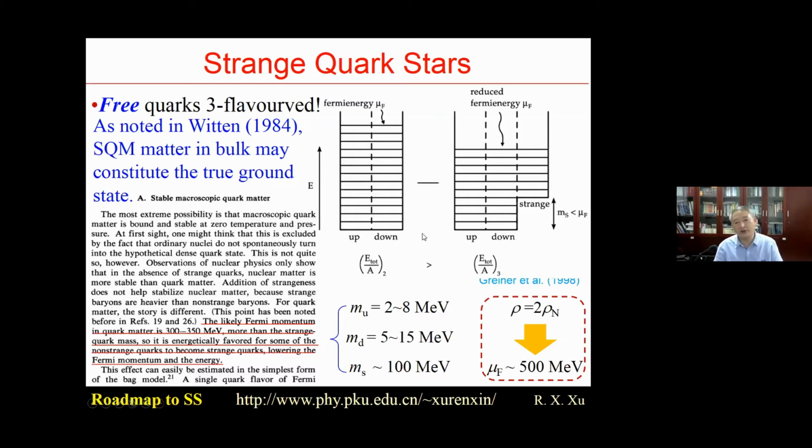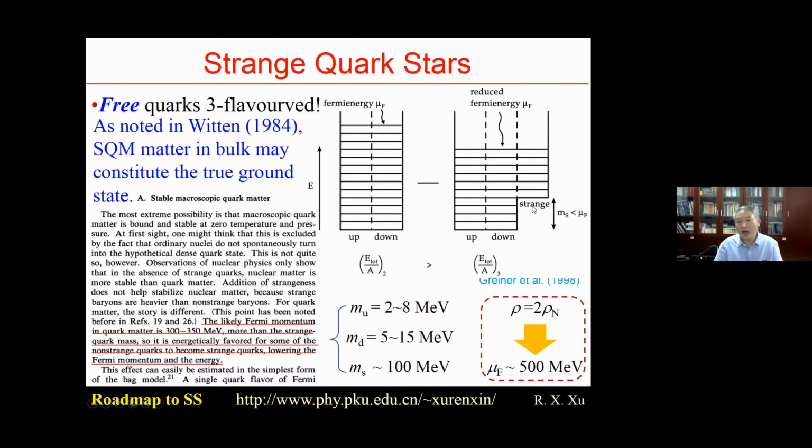This picture shows the very straightforward way of this conjecture. Later we call this the so-called Witten's conjecture. If there are only two flavors of quarks, then the Fermi energy could be around 0.4 GeV.